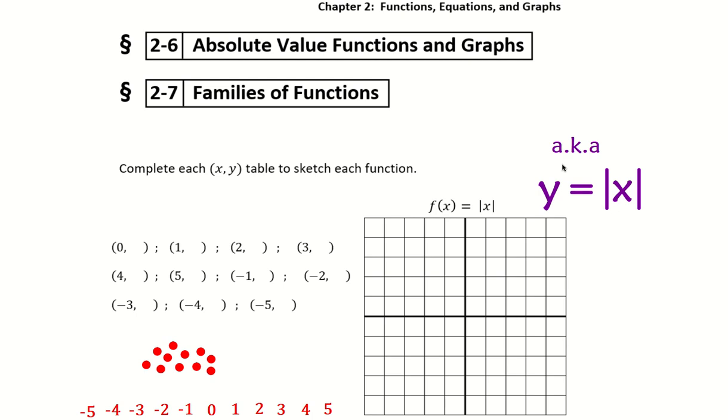So these two sections are about absolute value functions and the graphs of those functions. Okay?